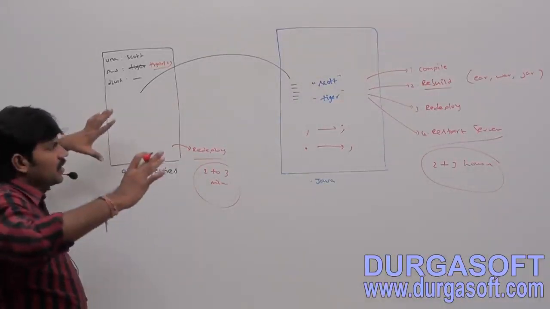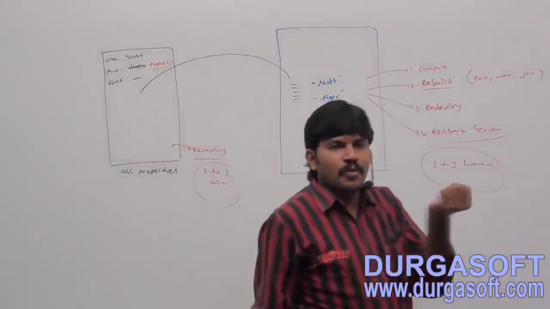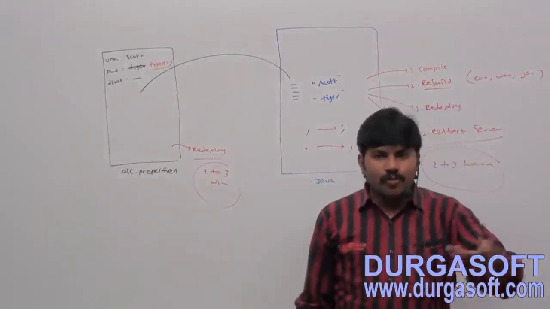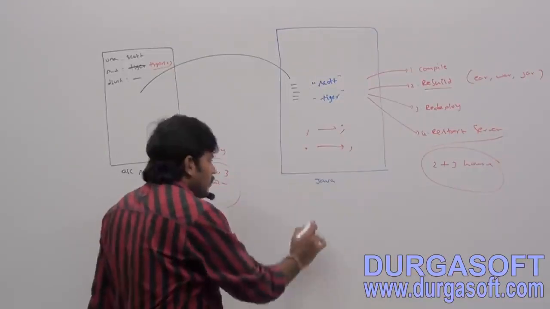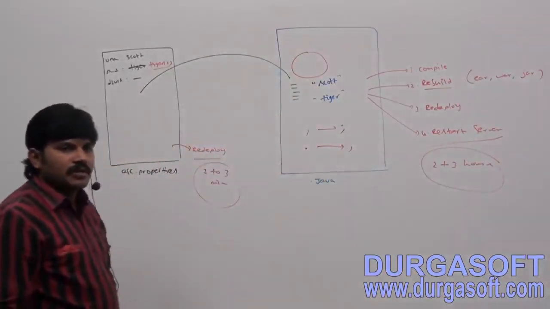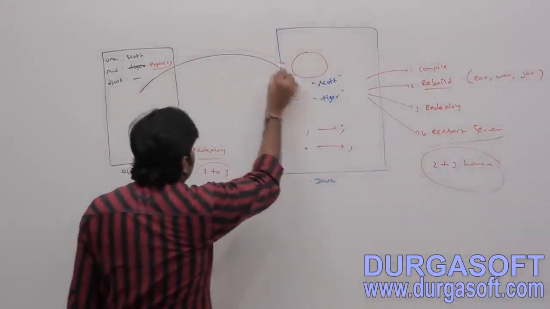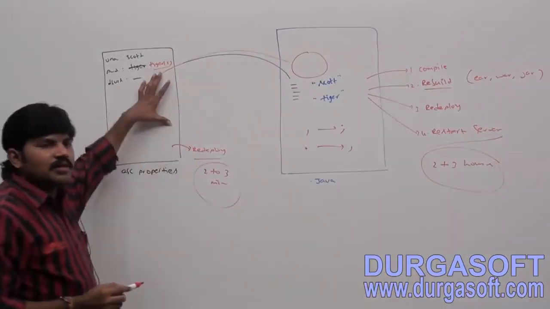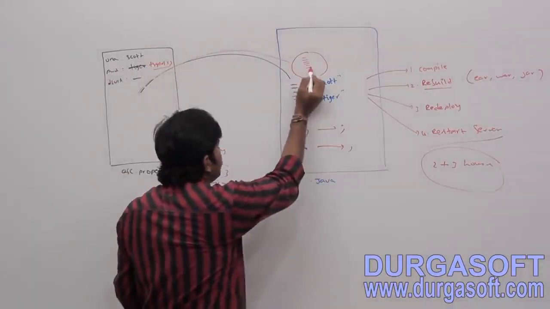Now in this total cinema, where is the role of the Properties object? Regarding Properties, P is equal to new Properties. In the Java program, we can use the Properties object to hold properties which are coming from the properties file. First, all these properties I will load into the Java Properties object.